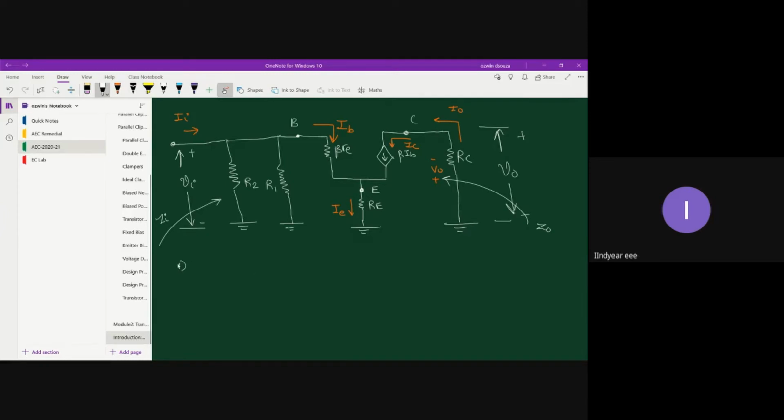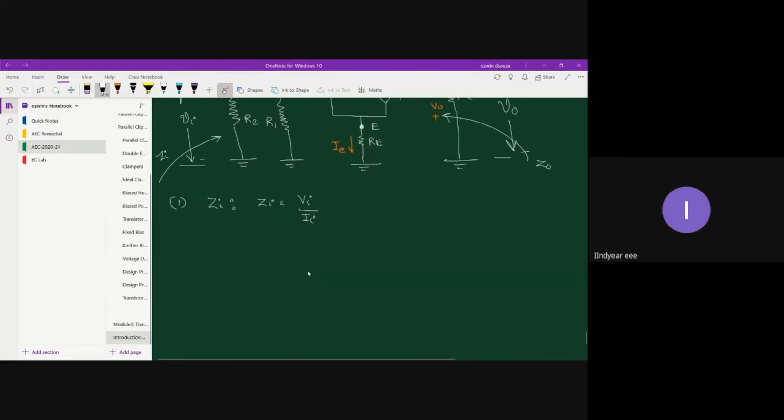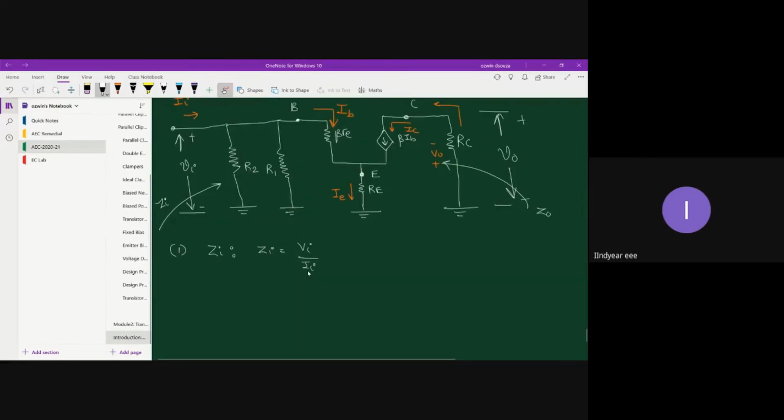So first, let us take the input impedance Zi. By definition, Zi can be found by taking the ratio Vi by Ii, but we are not going to do it that way. We are going to consider the straightforward or inspection approach. So what is Zi? Can anyone tell me? R2 parallel with R1. That is correct.